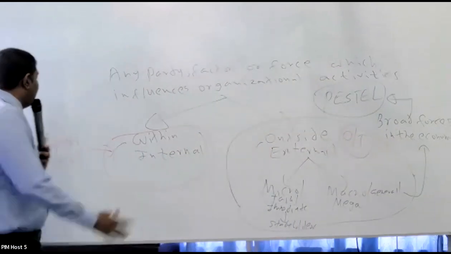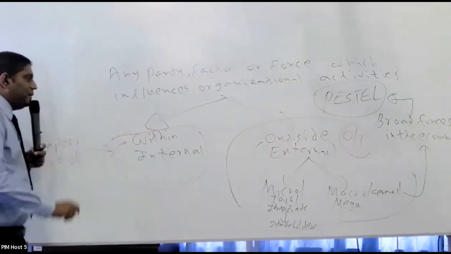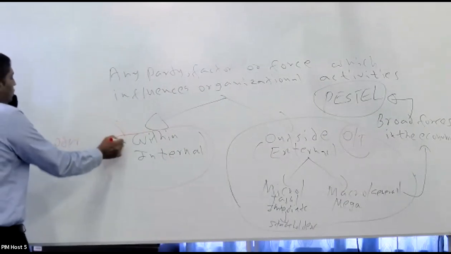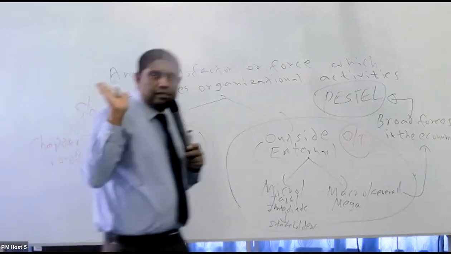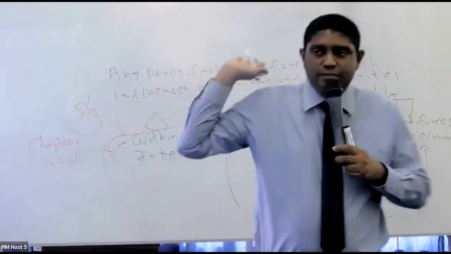Now, the objective of analyzing the internal environment is to identify strengths and weaknesses. I'm not going to look at that now; it will be addressed in the next chapter.